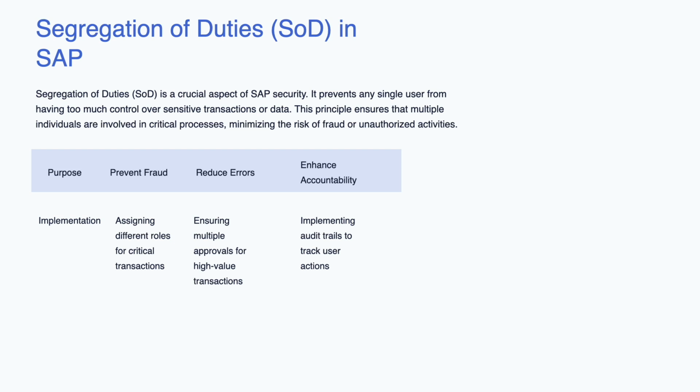The purpose of segregation of duties is threefold: to prevent fraud, reduce errors, and enhance accountability by ensuring that critical transactions require multiple approvals and are tracked through audit trails.